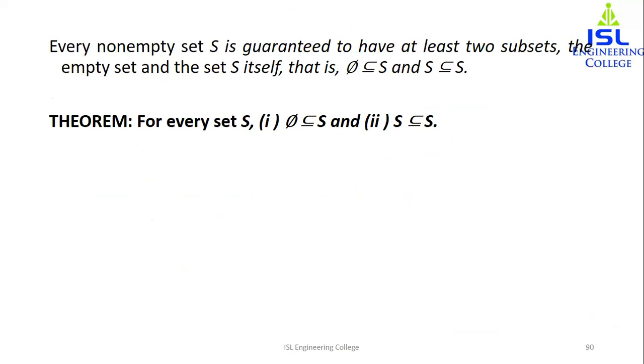So if the set is S, and it consists of the elements 1, 2, 3, then the empty set, which has nothing, which is a null set, is a subset of S, and also the set itself is a subset of S. So for every set there are at least two subsets, the empty set and the set itself.